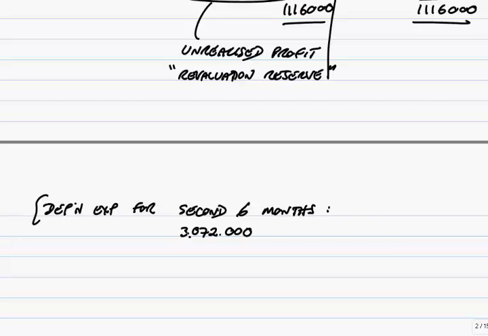Surely, when we originally bought this building, if we were charging 2% per year, surely 100 divided by 2, it must have been 50 years. So when we bought the building, we thought it would be 50 years.